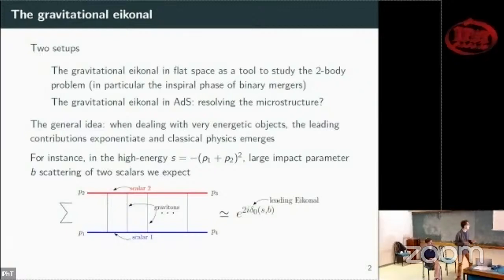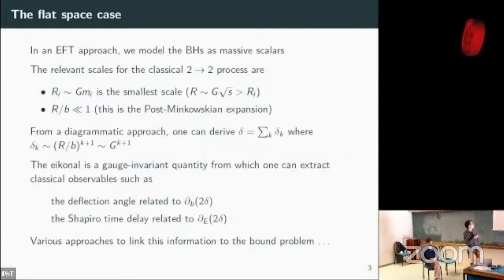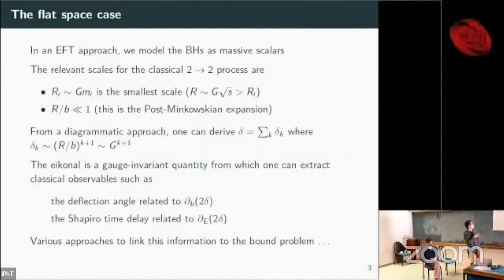So the idea is that every time you add one graviton, you have a contribution that contributes to the exponentiation of this, and then new contributions that give new terms that themselves will get exponentiated. So what happens is that this object in the exponent, in this large impact parameter expansion, is itself an expansion in R over B, right? And the leading eikonal is the case k equals 0.